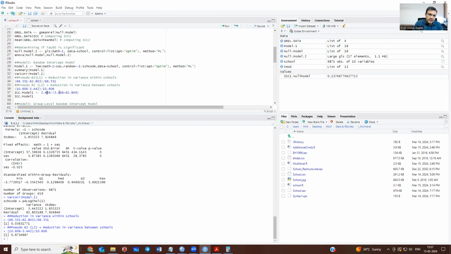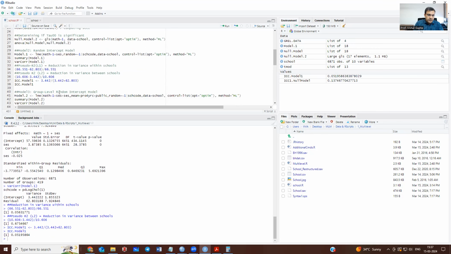What is the ICC1 remaining, or the proportion of variance that we can now still attribute to level 2 is 3.442 divided by 62.80. So now our ICC1 is 5.19. That means there is still 5.2% variance that has not been explained in the random intercept.